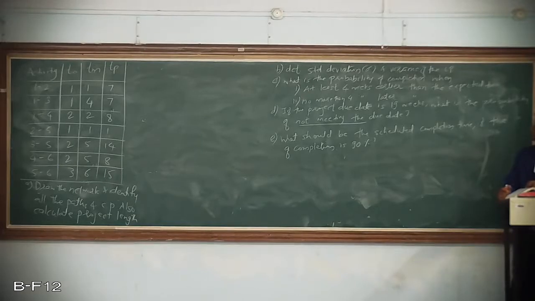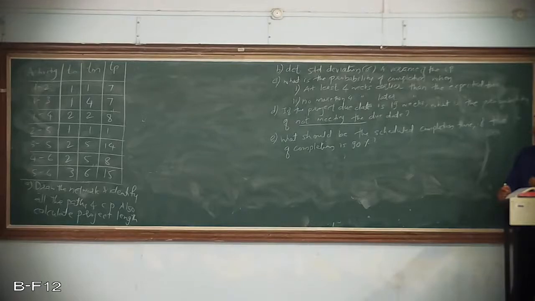Then there is a fourth part where the due date is given and they have asked what is the probability of not meeting the due date. It is not the probability of meeting the due date, but of not meeting it, so it is exactly the opposite. That means we will calculate the probability of meeting and then subtract it from 1, so that we get the probability of not meeting that particular due date.